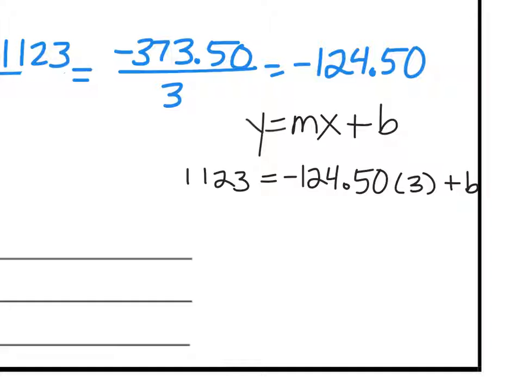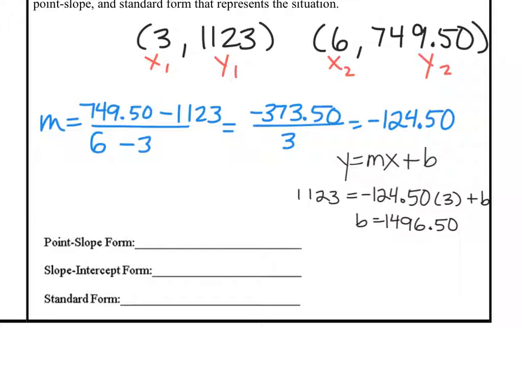Go ahead and multiply by 3. And then you have to solve the equation, right? So add to the other side, because that's the opposite of subtraction. I agree with Ellie. B is 1,496.50. What does that mean? Tell the person closest to you. What's that number mean? Original, my starting point, my starting amount of the TV.